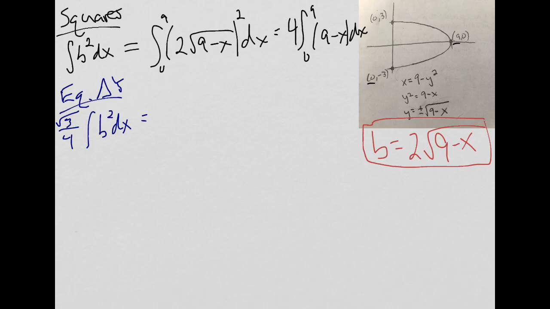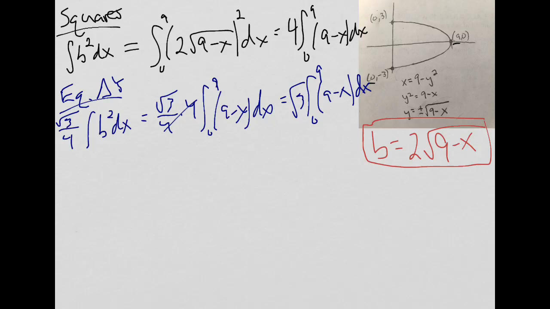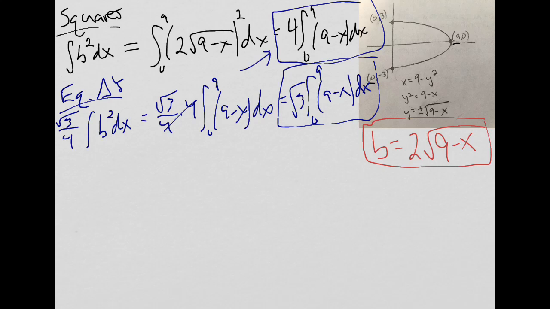So I get root 3 over 4 times 4 integral 0 to 9 of 9 minus x dx, which these guys cancel off and just give me that right there. So answer to A, answer to B. Probably wind up using this quite a bit as we go through these.